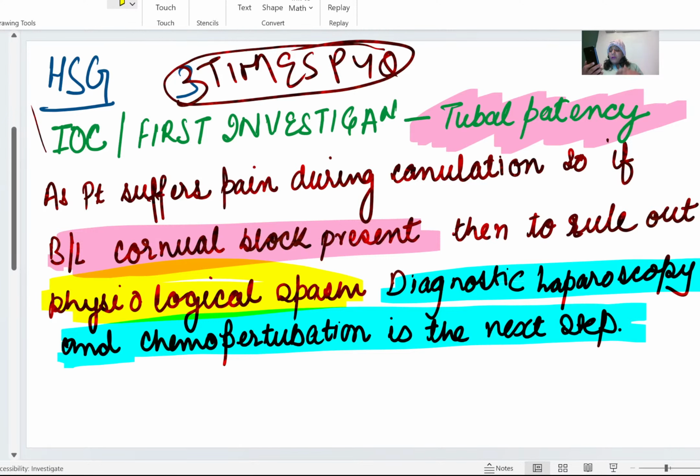But if on HSG there is bilateral cornual block, you will not confirm the diagnosis there. You will do diagnostic laparoscopy and chemopertubation. Is it okay?